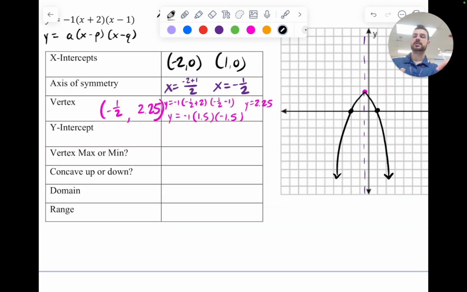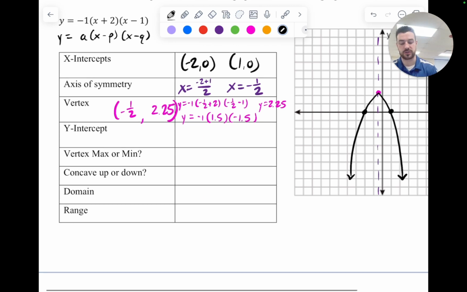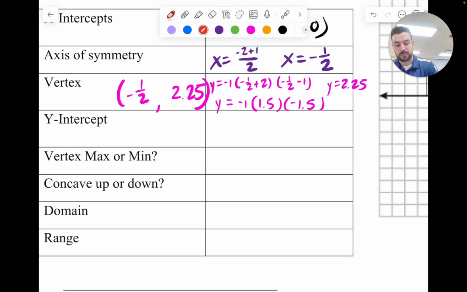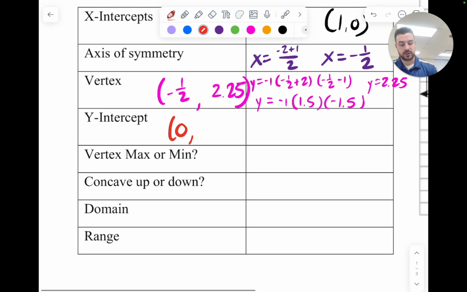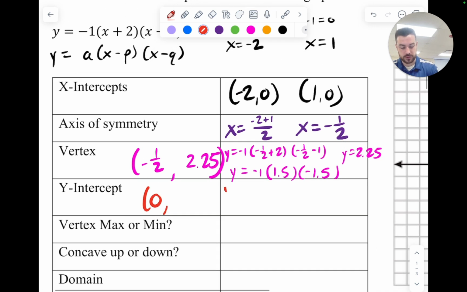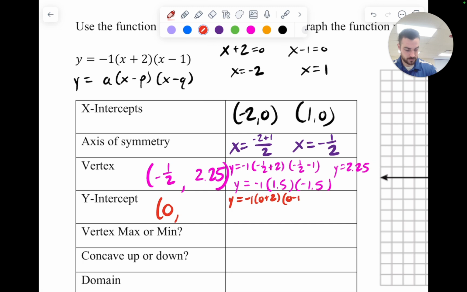Now, we can continue with a few more characteristics. I can find my y-intercept just like we did before by plugging in 0. I have 3 points, so I don't necessarily need it, but it might be helpful. So all I'm going to do is take my original equation, plug in 0, and solve.